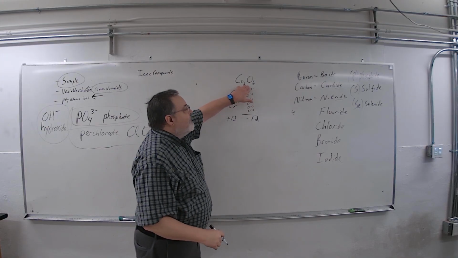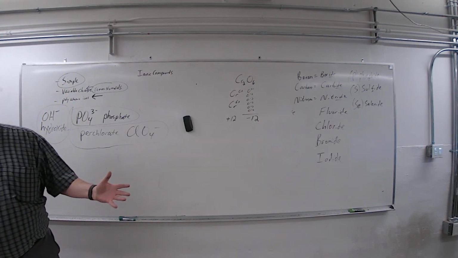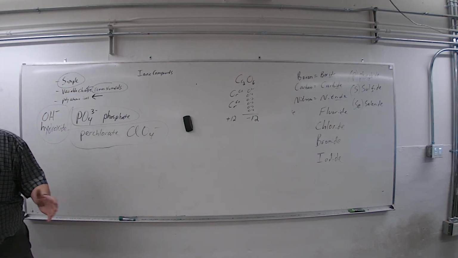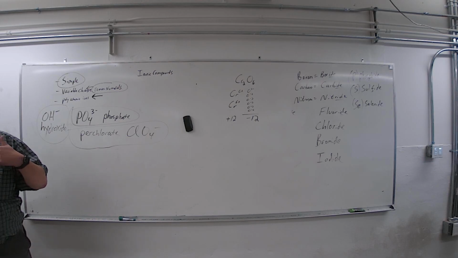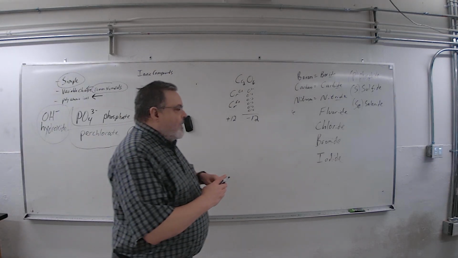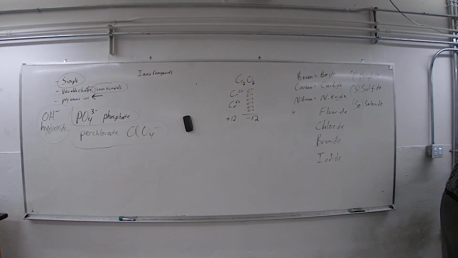You see that? So I do ask questions like that because you can infer it. So you can still name them if you're looking at the formula. Because the negative side, you always know what the charge is up there, whether it's a polyatomic negative or a non-metal negative, those are always just known. So you can infer the charge on the positive side.